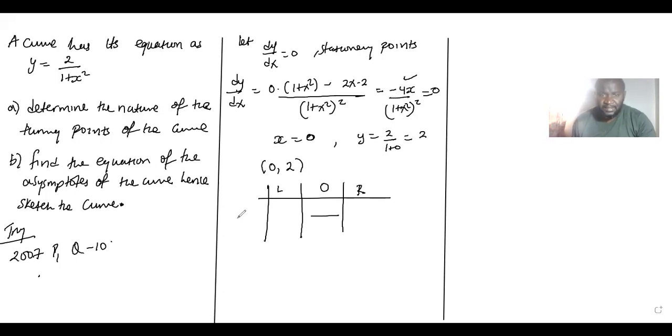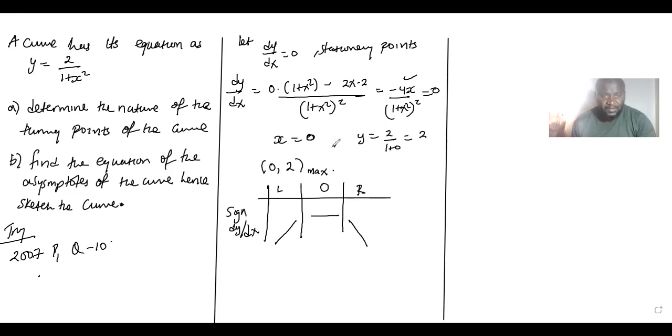So this is the sign of dy dx. The left is when you put a negative here, you'll get a positive. When you put here a positive, you'll get a negative. So the nature is maximum. So it's a maximum turning point. Okay, we have already got it.